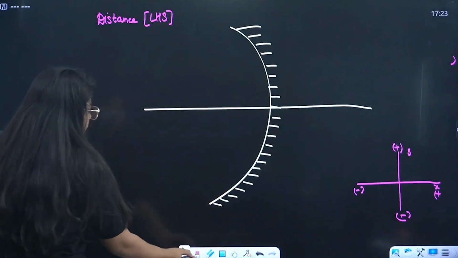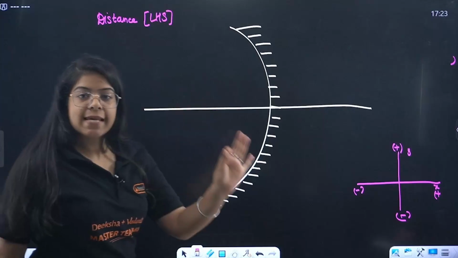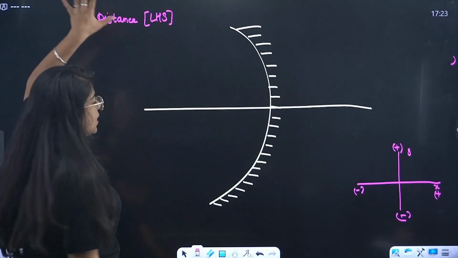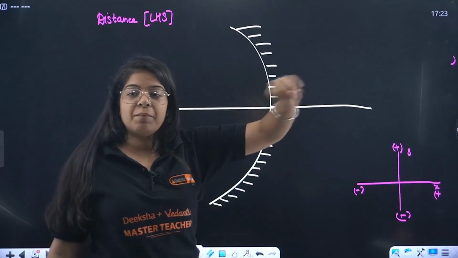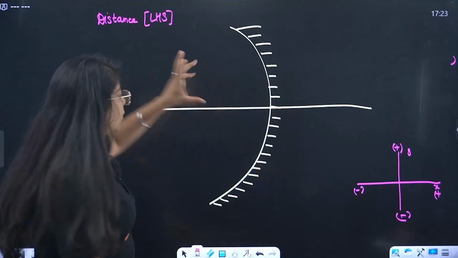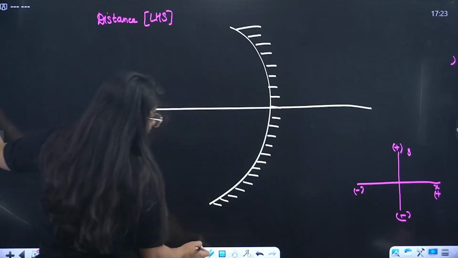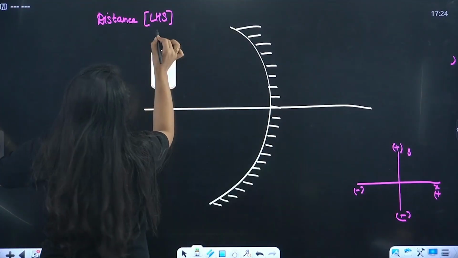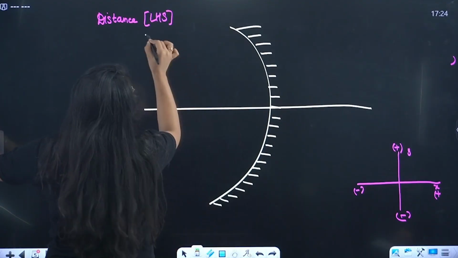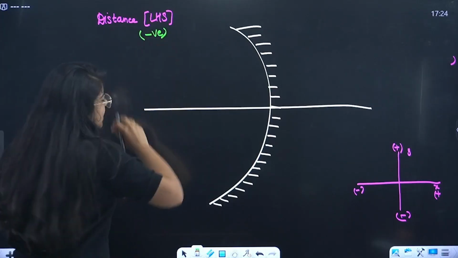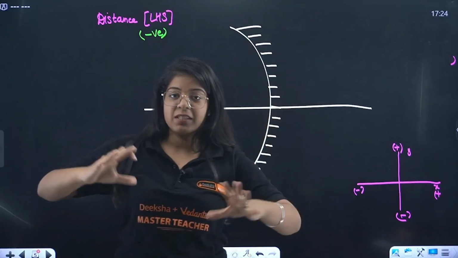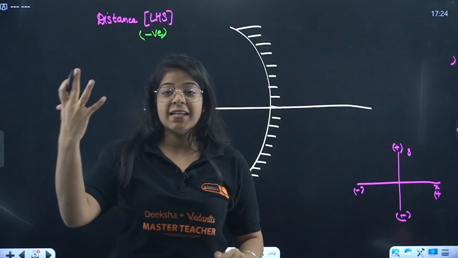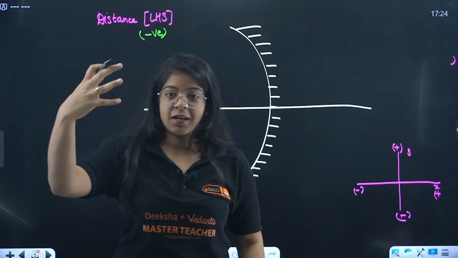Now what you have to do, all the distances on the left hand side. What I said, all you have to remember after this is distance. Distance on the left hand side will be negative. How do I remember this? In Sanskrit and many languages, your right hand is called the karma hast.